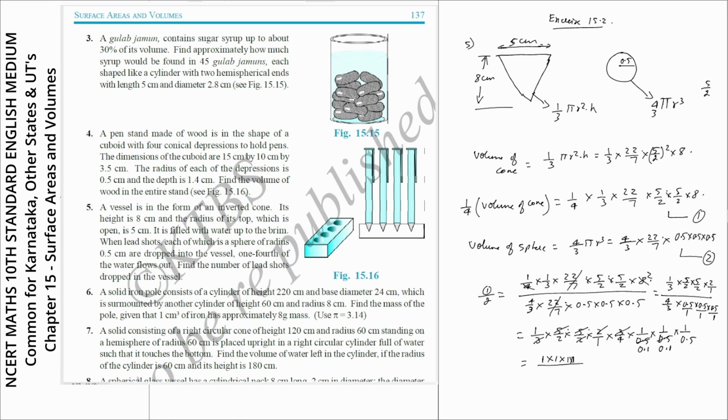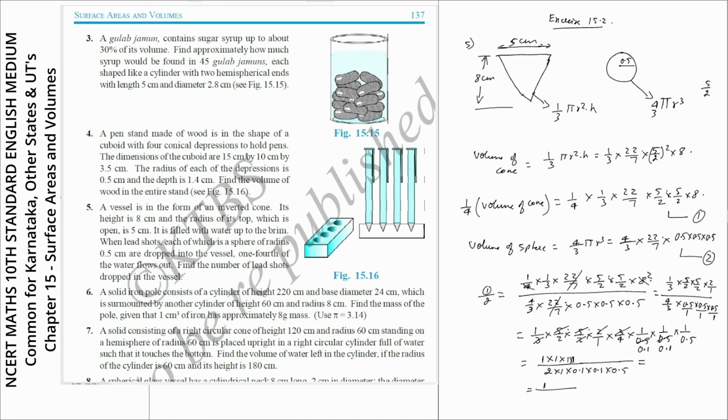Then in the denominator 2 is left, again 1 is left, again 0.1 into 0.1 into 0.5. So in the numerator now 1 into 1 into 1 is 1 only, and in the denominator, 2 into 1 into 0.1 into 0.1 into 0.5.